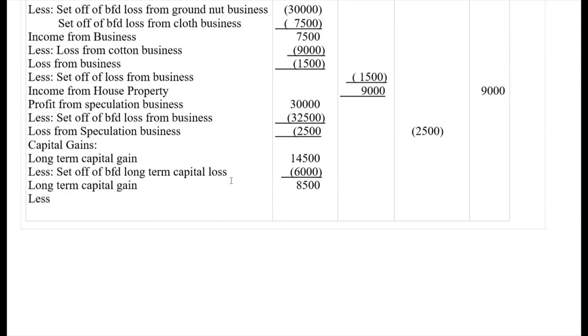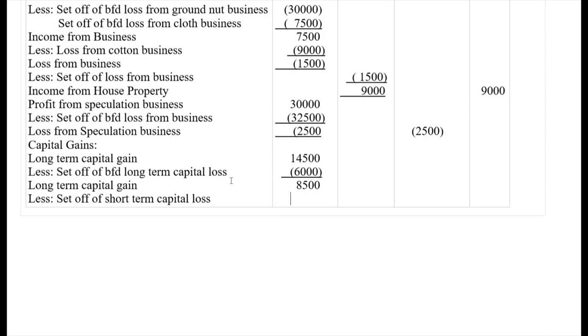against which we can adjust less set off of short-term capital loss. So short-term capital loss for the current year, it is rupees 9,000. So 9,000. So now let me underline here.